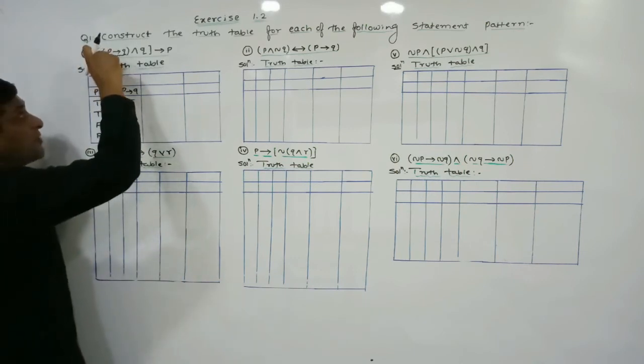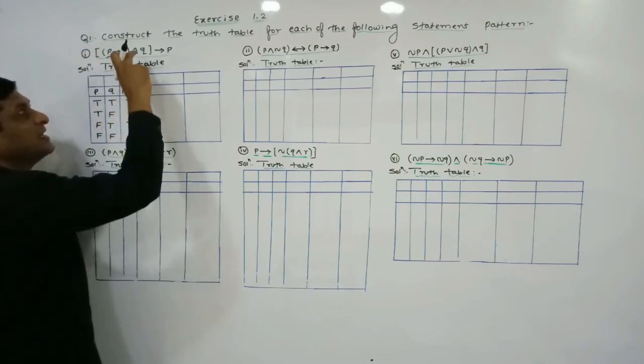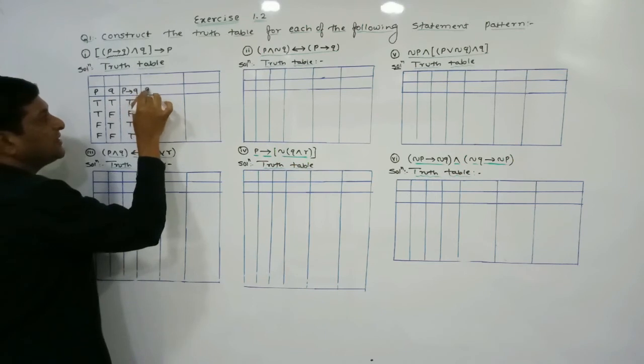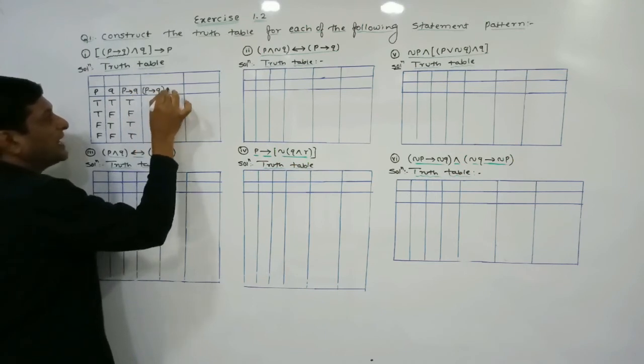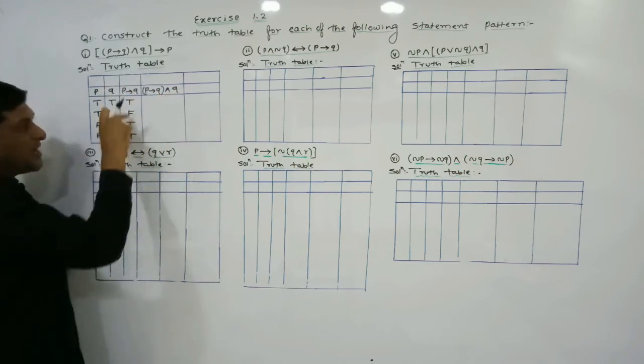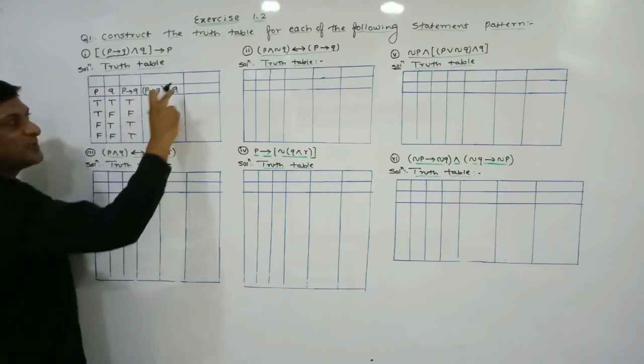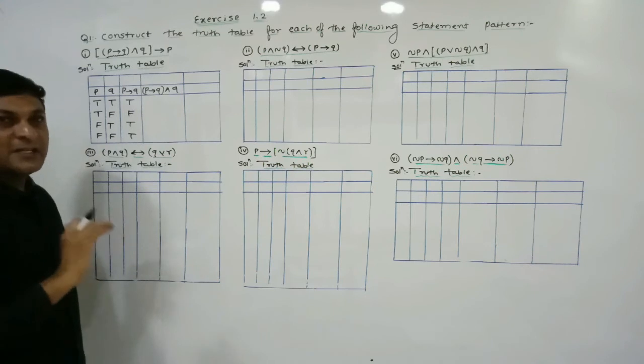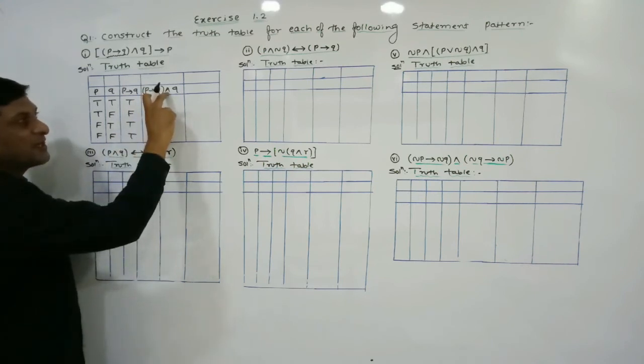Once the truth value of P implies Q is known to us, then find out the truth value of P implies Q and Q. Here the truth value of P implies Q is known to us and the truth value of Q is also known to us. So now we are connecting these two statements by which logical connective? And.